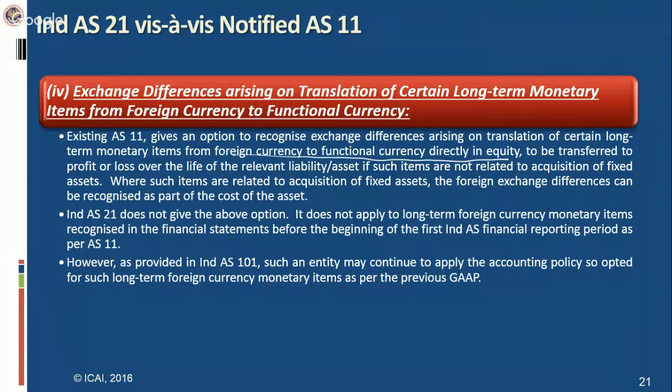If it's a foreign exchange loss or a foreign exchange gain, both ways are possible.